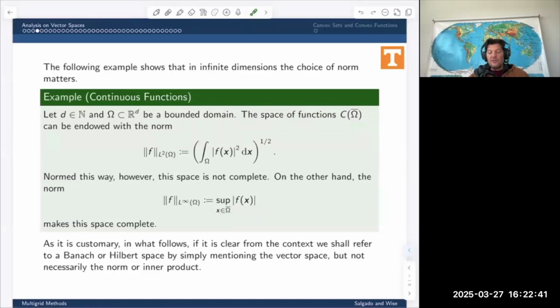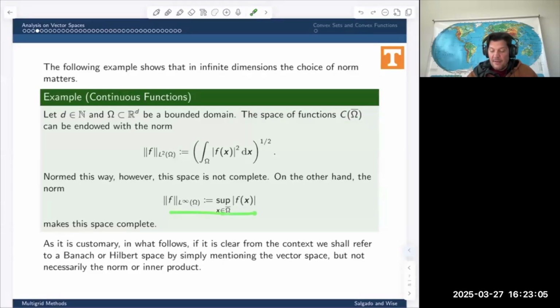So not every norm that you pair with a vector space makes that a complete normed linear space. Not every norm that I equip with this space makes it into a Hilbert or a Banach space.